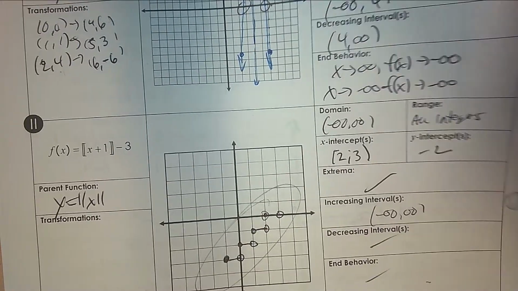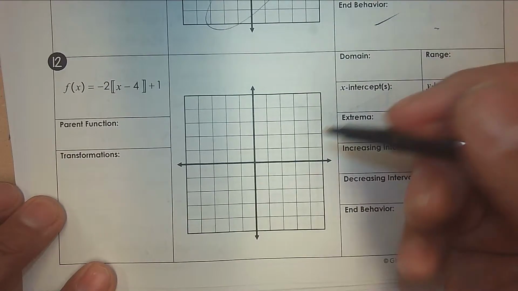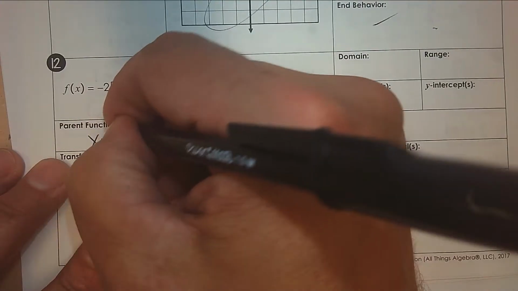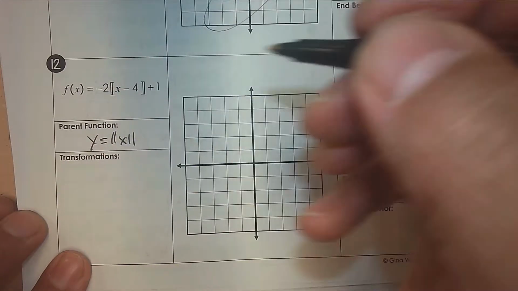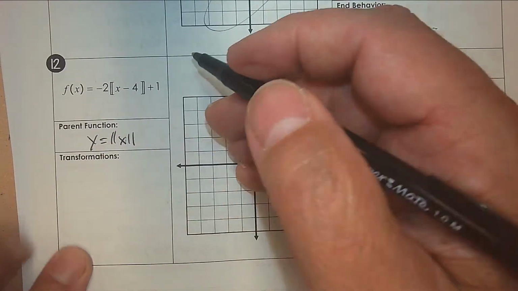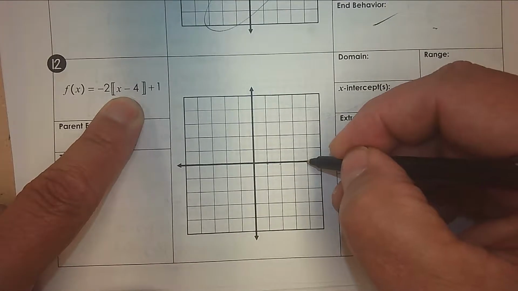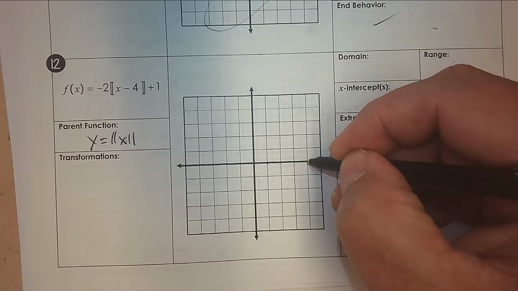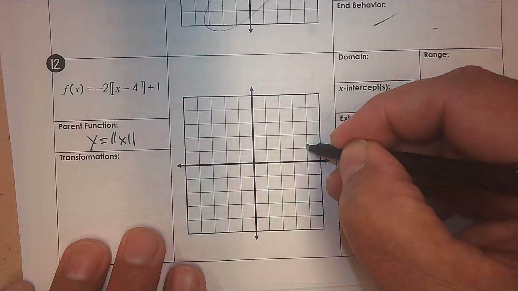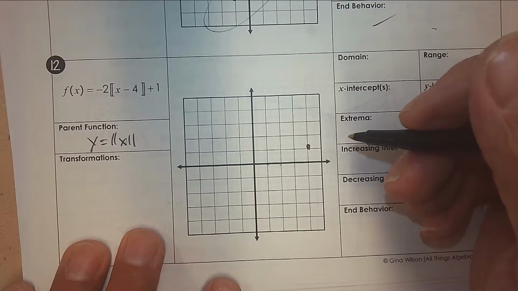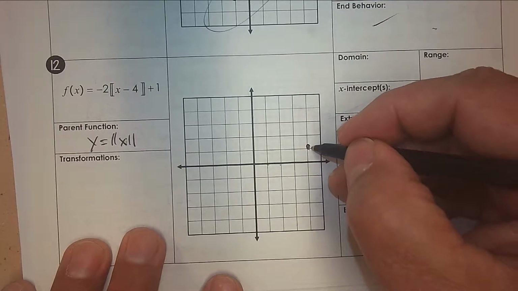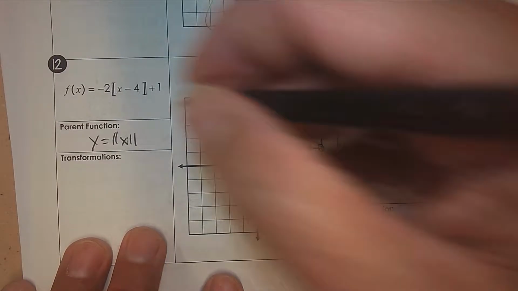Number 12. Another one, just like it. Love it. Greatest integer function. So what's happening here? So I'm going to go 4 to the right and 1 up. There's going to be my first. Now, what's the negative going to do?